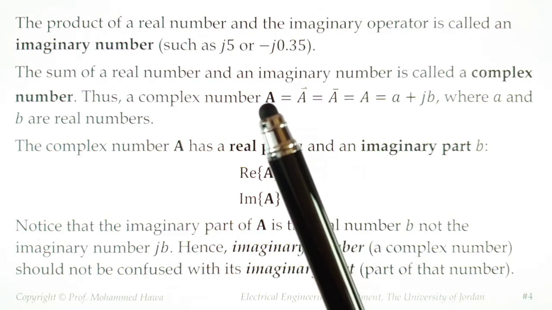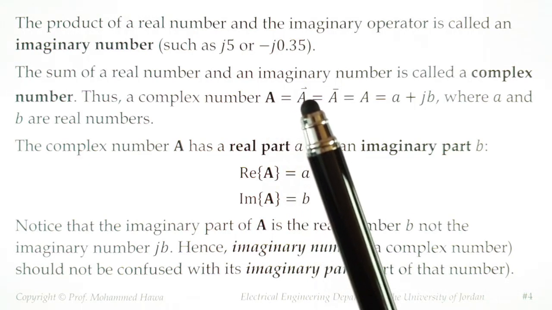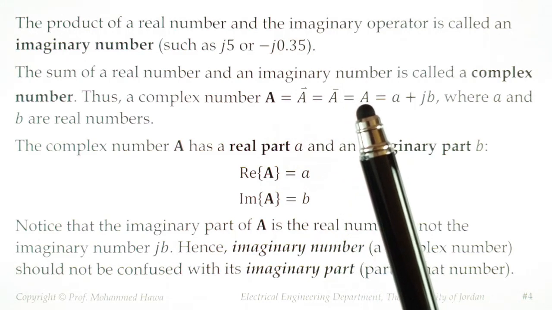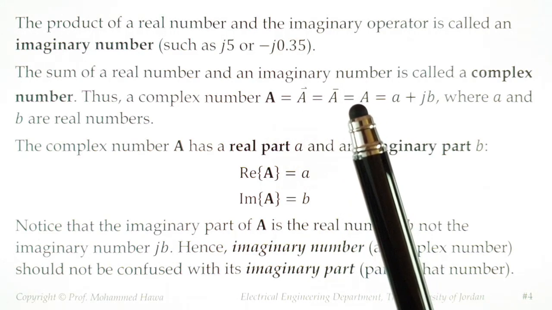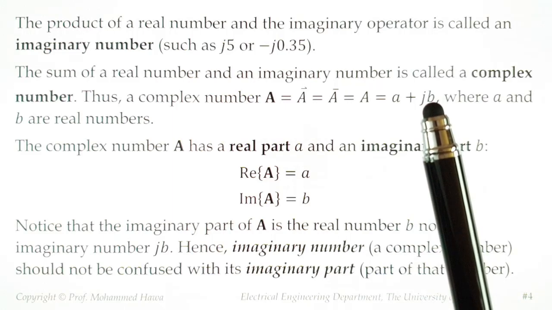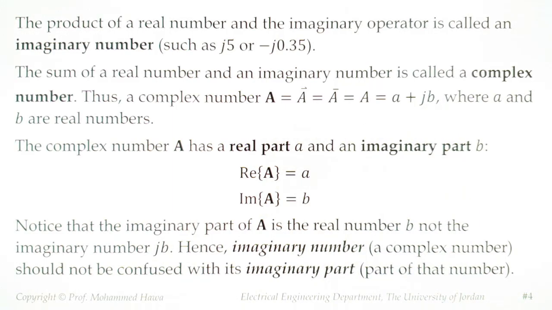Sometimes we use boldface, sometimes we use vector notation like you see here, sometimes we use an over bar, sometimes we just use a capital letter to indicate a complex number, where we use a small letter to represent real numbers. The important thing is, usually you'll see different symbols for complex numbers versus real numbers so that you can clearly see the difference.